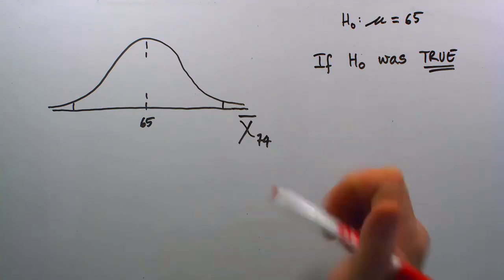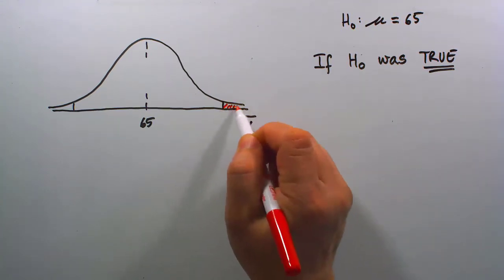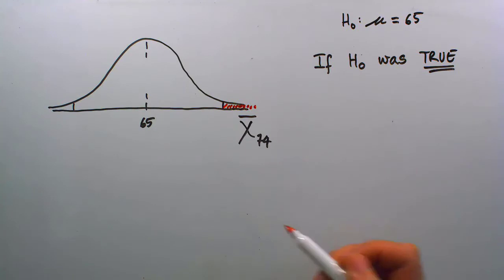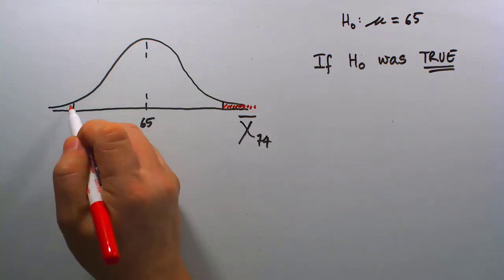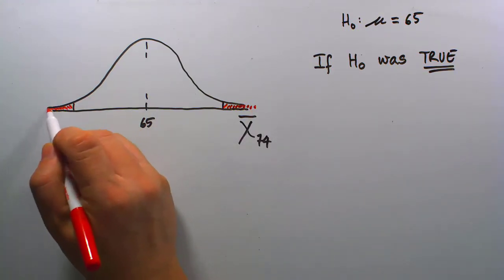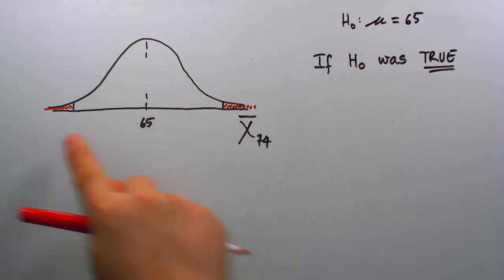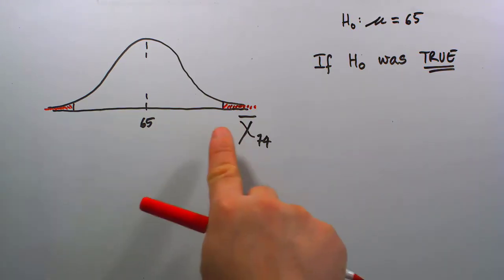One is to the right tail of this bell curve, and one is to the left tail of this bell curve, and both unlikely areas are being shaded in red ink.